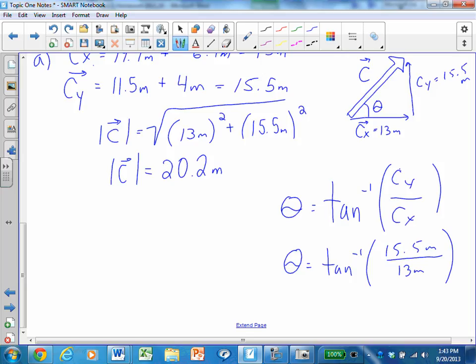But y is slightly bigger than x, so it should be slightly more than 45 degrees. And what do we do, Mary, when we want to ask our calculator for an angle? Right, that's right. Tan inverse 15.5 divided by 13 is 50.0 degrees.